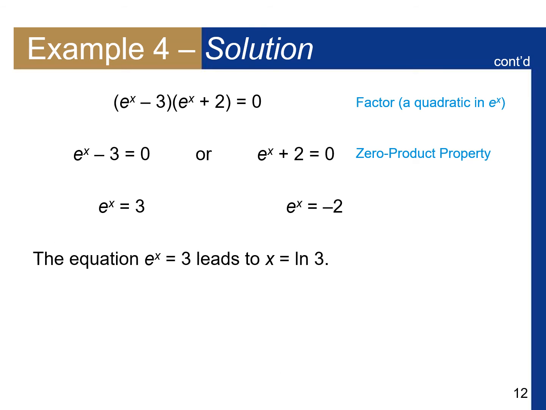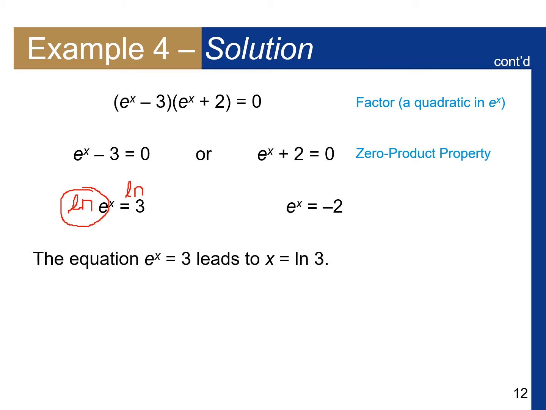The equation e to the x equals 3. We'll then take the natural log of both sides, which they kind of skip this step, but we can show it here. If we take the natural log of e to the x, and put the natural log in the front, remember the natural log and e are inverses of each other, so that'll leave you just with x.